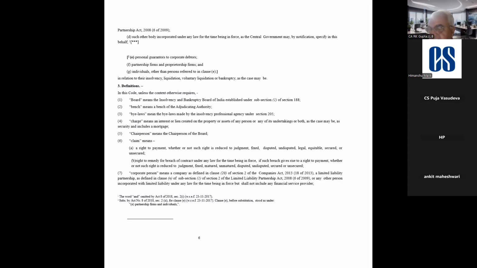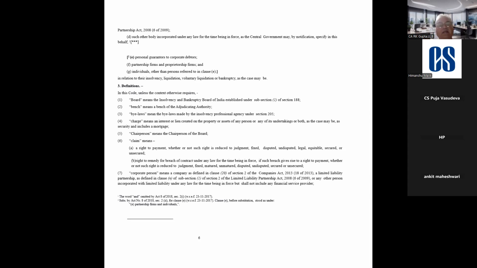So in section 3, let us see some of the important definitions. The rest you can cover. First is the definition of claim. In claim, there is a right to payment. That means you have done some work or you have given some money.